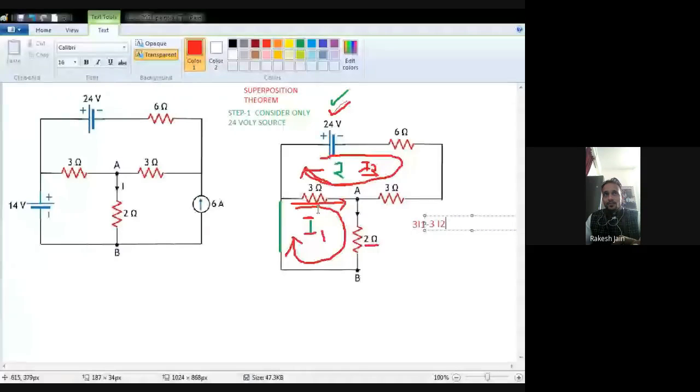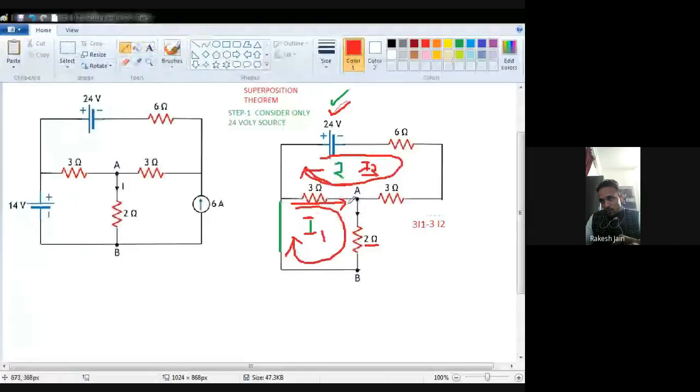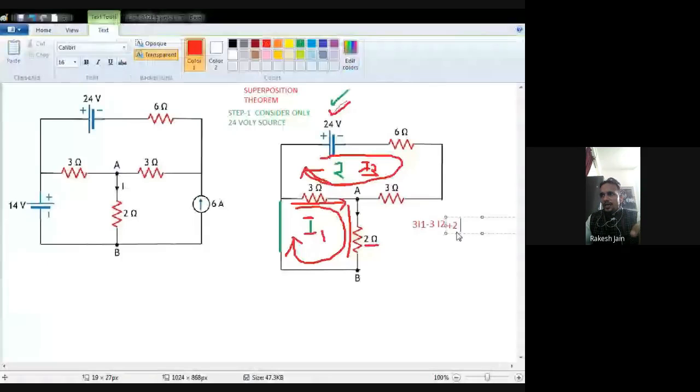Let's suppose this current is my I1, because this is our first mesh, and it is clockwise. Now this is my second current, I2.